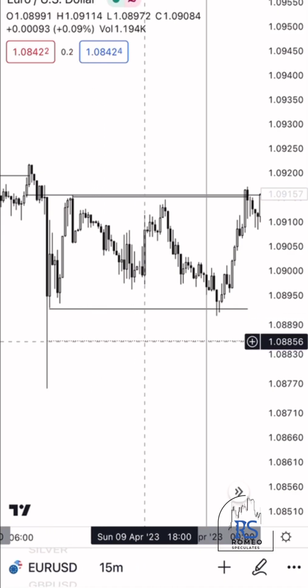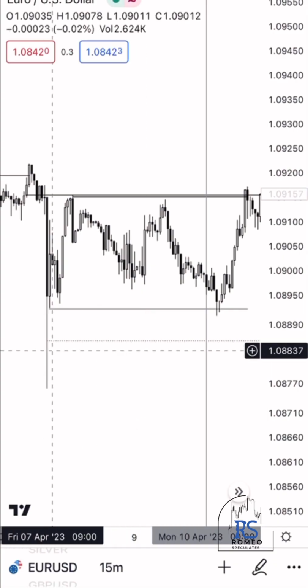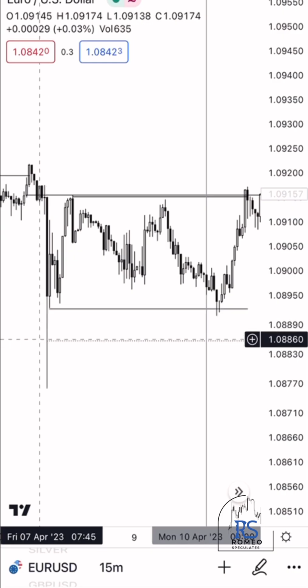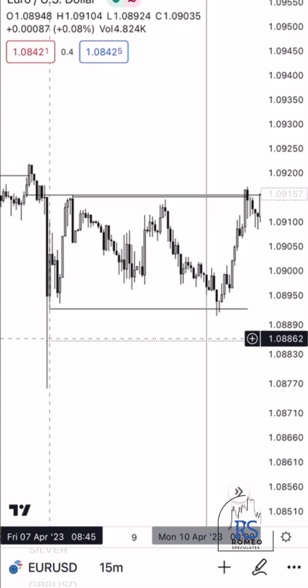And notice how the consequent encroachment, or the 50% of the gap, of the wick rather, is also a lower time frame liquidity pool, right? The same way a lower time frame rejection block is a higher time frame order block, right? So everything is fractal and connected.